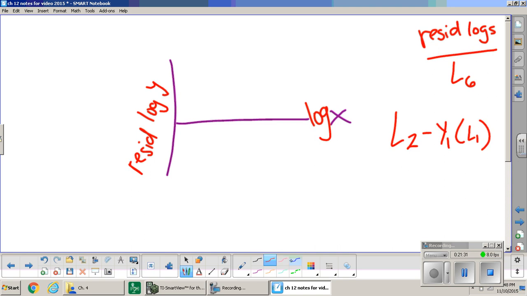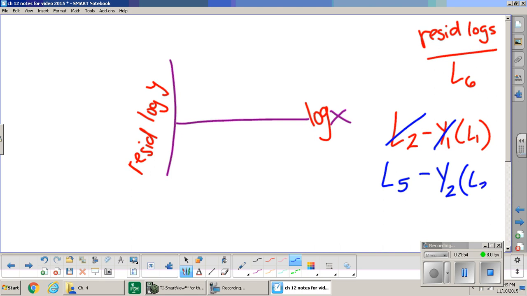But now we're not going to use L2 because we don't want just the y's. We want the log of y's. So where was that? Very good. L5 minus, we don't want Y1. That's right. Our new equation is in Y2. And do we want L1? Nope. We want our logged x's.